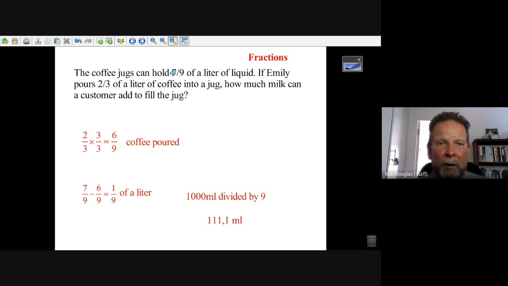Well, the whole jug holds 7/9 of a liter. Well, 7/9 of a liter, that's the whole jug, minus the 6/9 of a liter that's poured. That would leave you with 1/9 of a liter. That's how much room you would have for milk. 6/9 is coffee, so the rest, 1/9, must be the milk that you could put in.